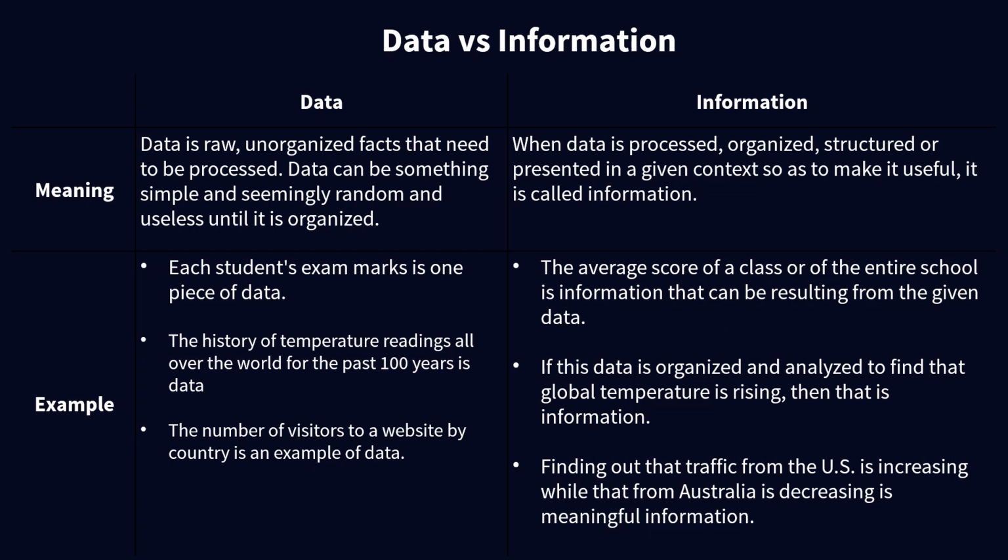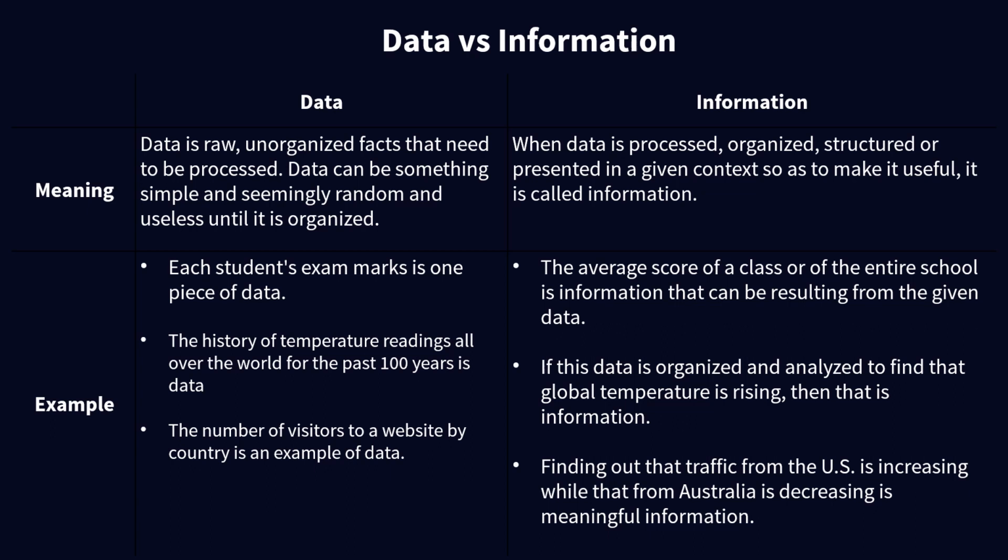When that data is processed, organized, structured, or presented in a given context so as to make it useful, it is called information. Now let's have a look at some example. Each student's exam marks is one piece of data. The average score of a class or entire school is information that can be resulting from the given data.